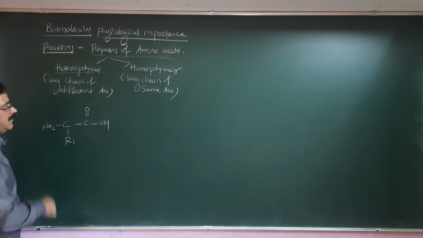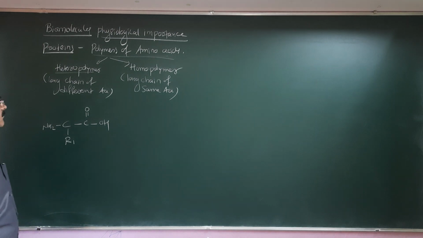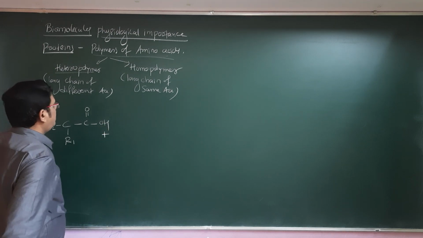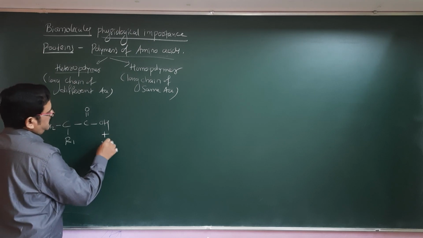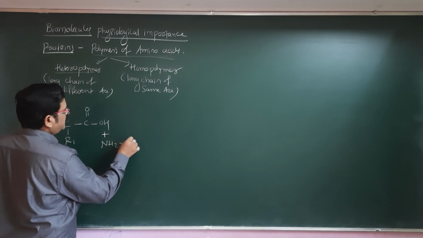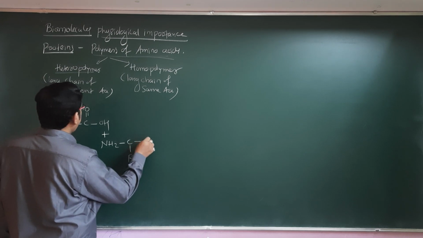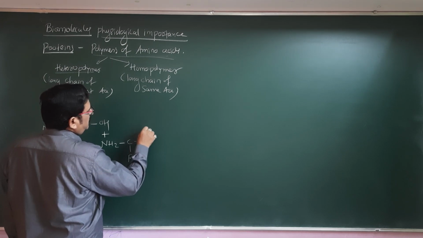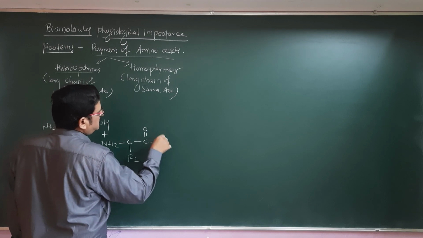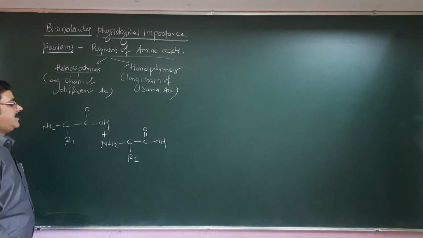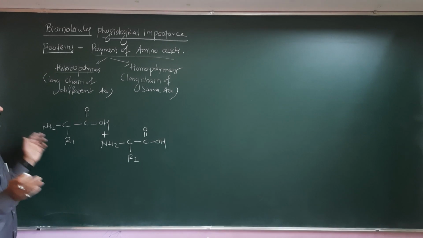This is one amino acid, plus the addition of one more amino acid: NH2, carbon, the R2 group, and then carbon, double bond O, and OH. Now the two amino acids are combining.